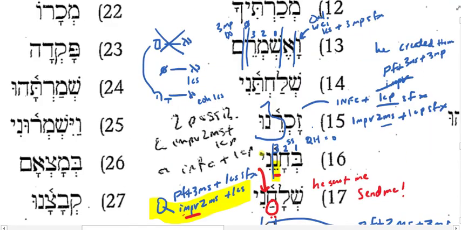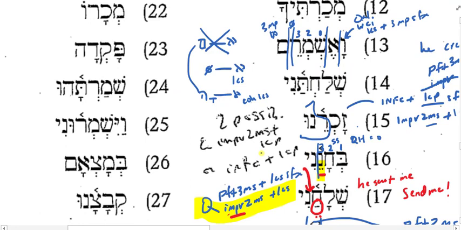Let's look at 23 real quick. We have poke da. Poke da. What in the world is poke da? You remember this one? This is the alternate cal imperative 2ms. What's the normal imperative? Pocode, right?